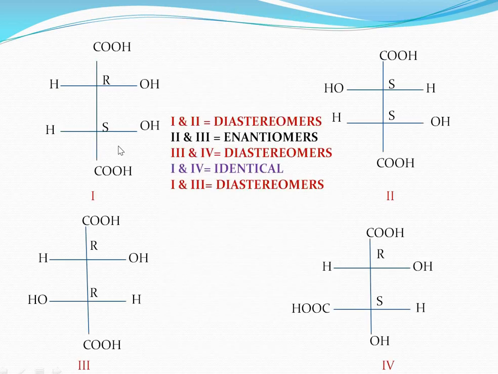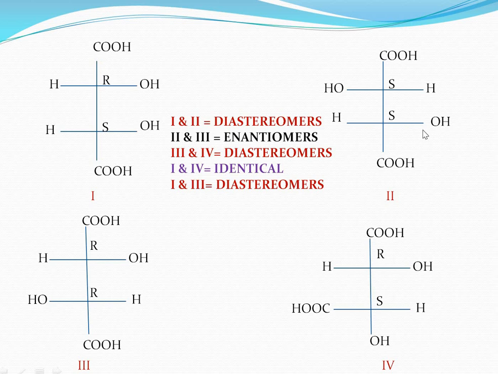This is another example in which there are 2 COOH groups and 2 OH. If we look at the first and second, this carbon and this carbon have the same configuration, while in the C3 carbon, with H and OH, here it is R, while in the second, it is S. As per the definition, they should have at least one opposite configuration. So 1 and 2 are diastereomers.